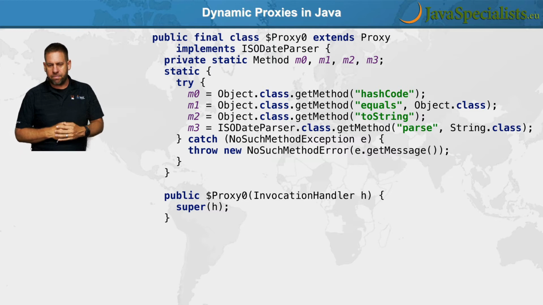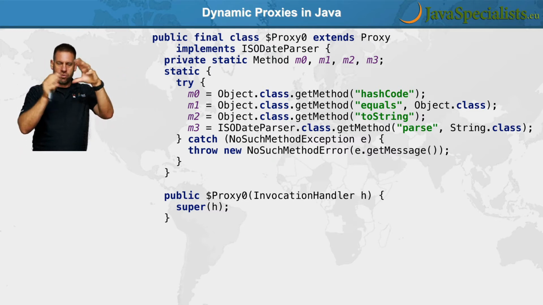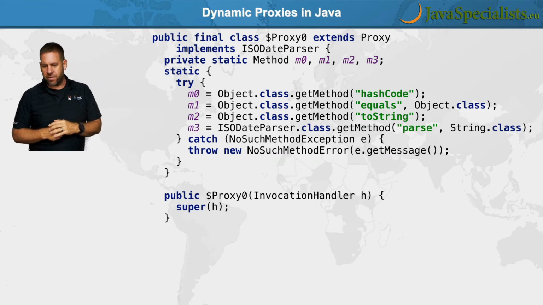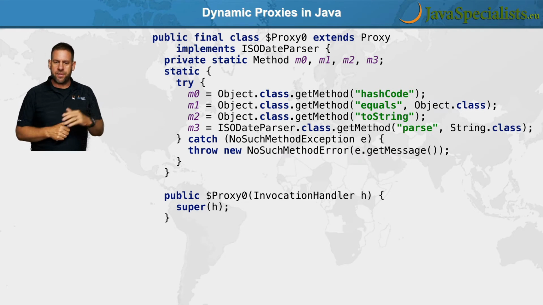But I just decided to make it easier to show on the slide, so I'm saying Object.class.getMethod hashCode, and Object.class.getMethod equals with Object.class, and then toString without parameters, and parse, which takes a string parameter. And if any of those methods doesn't exist, we throw NoSuchMethodError.